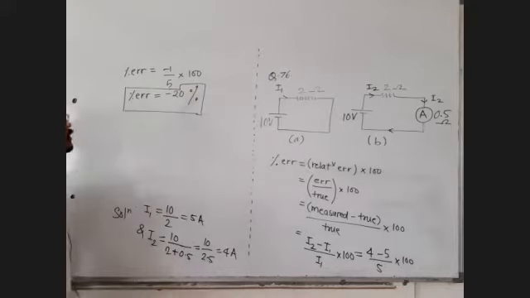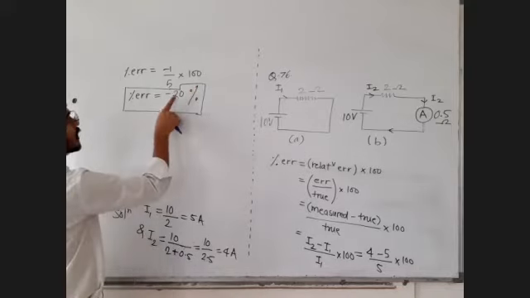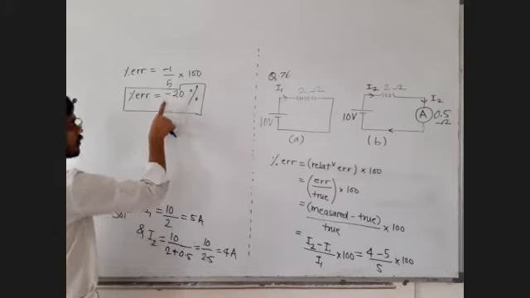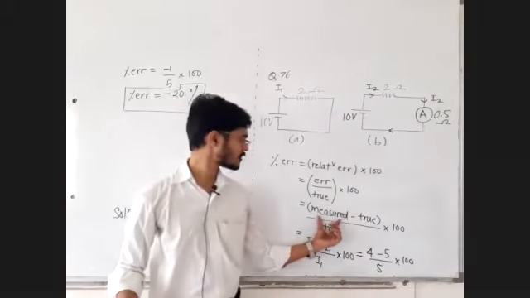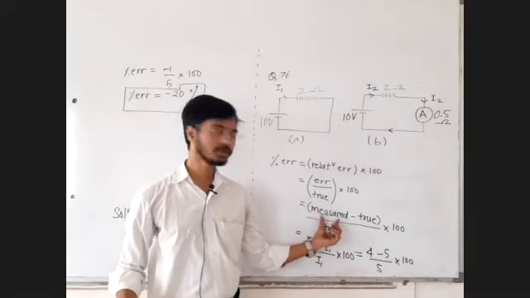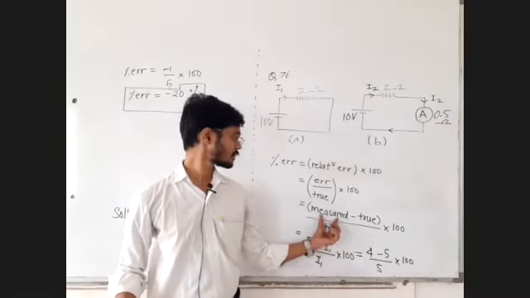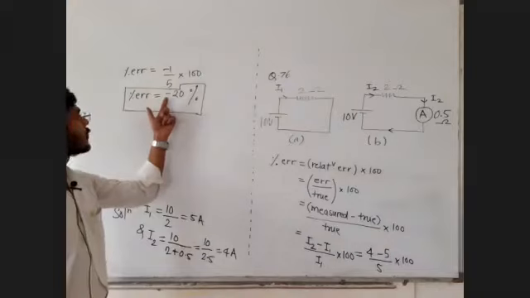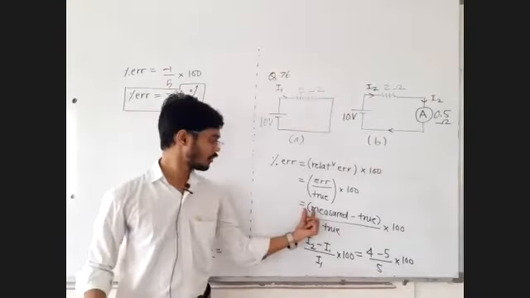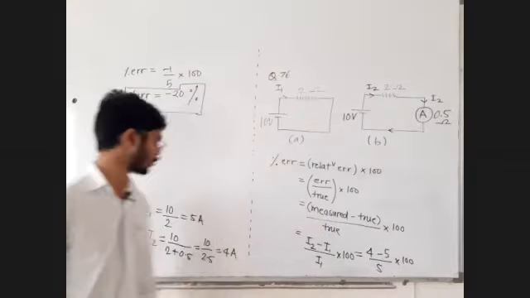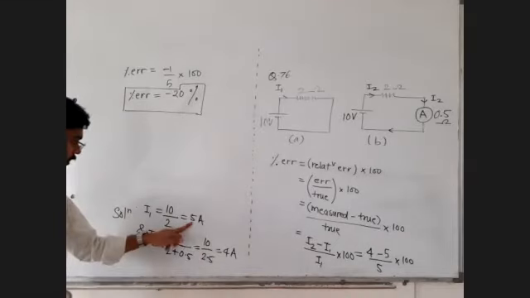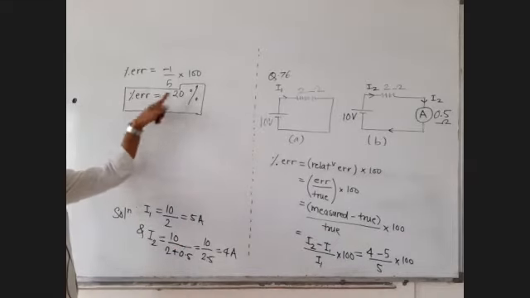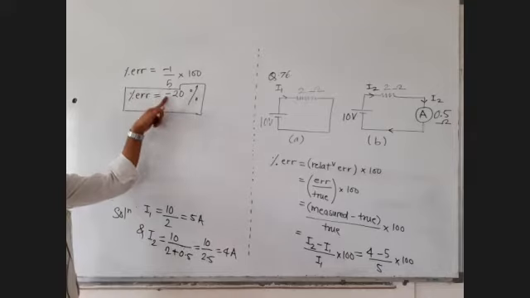You measured a value which is 20% less. Minus means the measured value compared to the true value is less. Measured value is less, so the sign is minus. Sign is minus means you have measured a value which is 20% less than the true value. True value is 5 ampere and you have an error of 20%, but the error is negative, minus 20%.